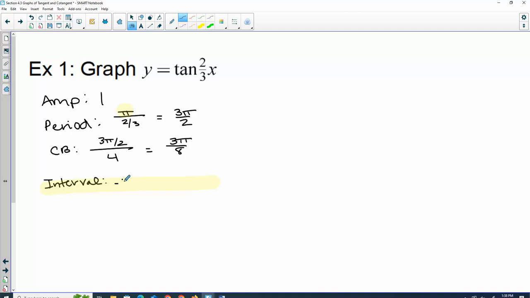So for tangent, the interval I like is from negative pi over 2 to positive pi over 2, because that way I know the asymptotes happen at the ends. And so if I were going to solve this, I would probably multiply by 3 over 2. So I get negative 3 pi over 4 less than or equal to x less than or equal to 3 pi over 4.